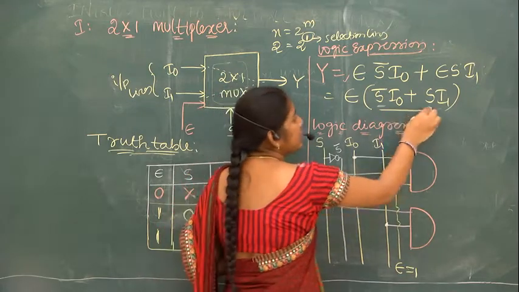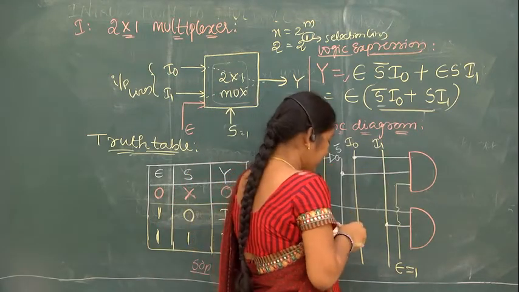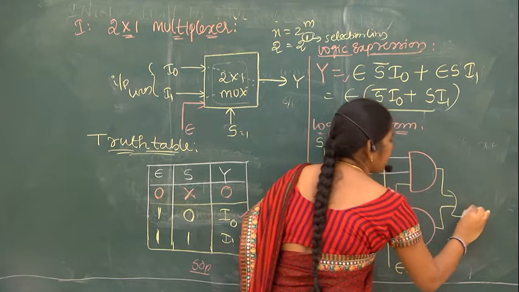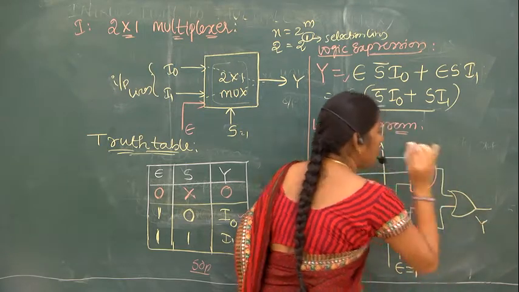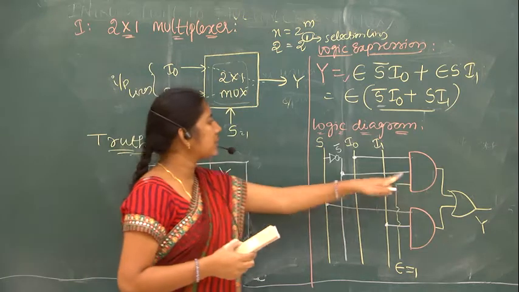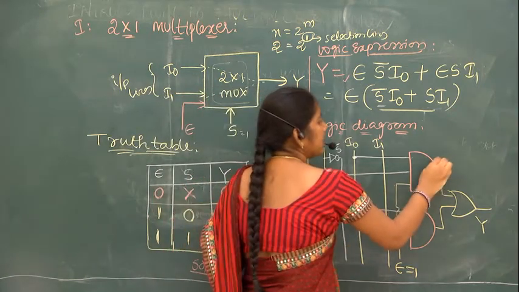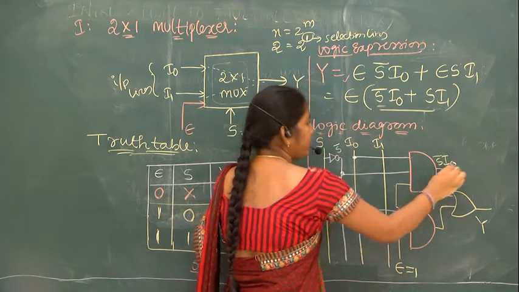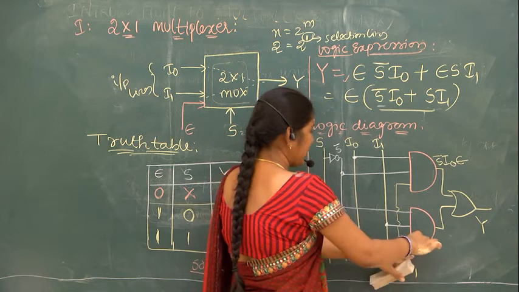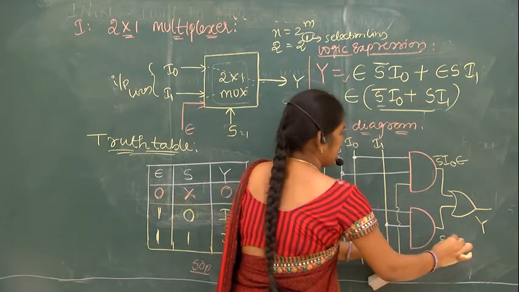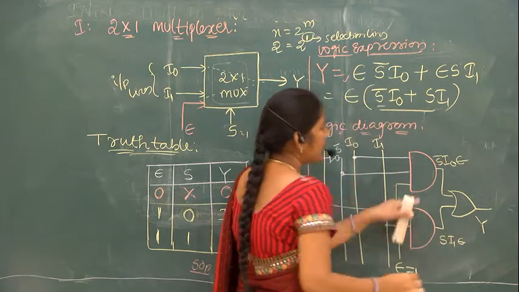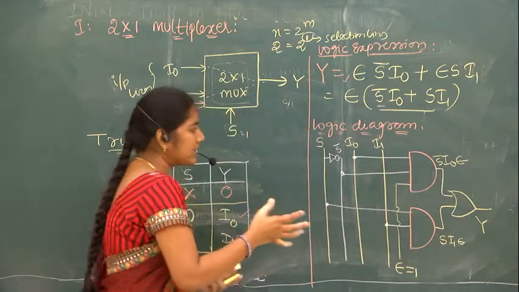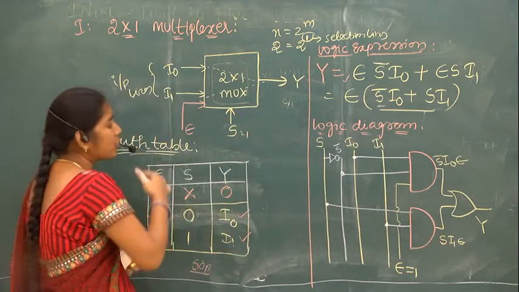Now, these two values are ORed together. Give it to one OR gate to get the logic expression Y. See, first term is S bar, I0, and one more input is E. This one is S, I1 and E. These two are ORed, so I am giving one OR gate, and Y is the output of this 2 cross 1 mux.